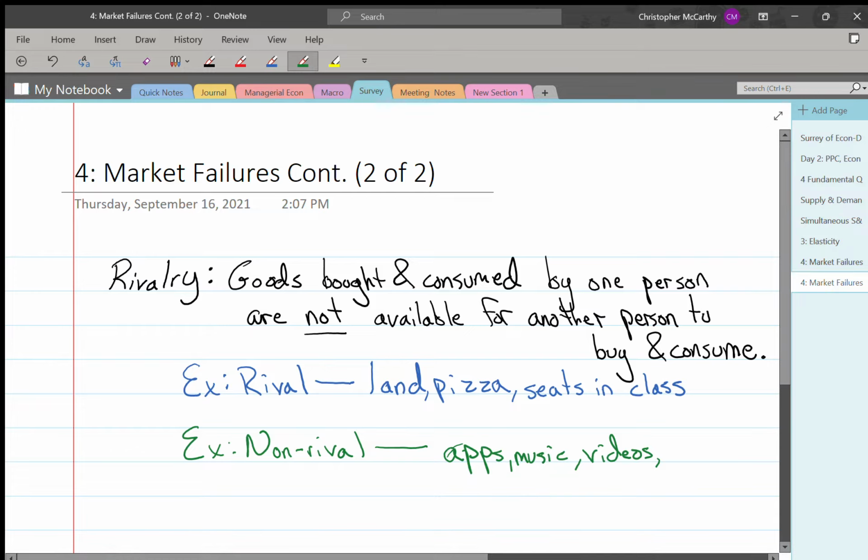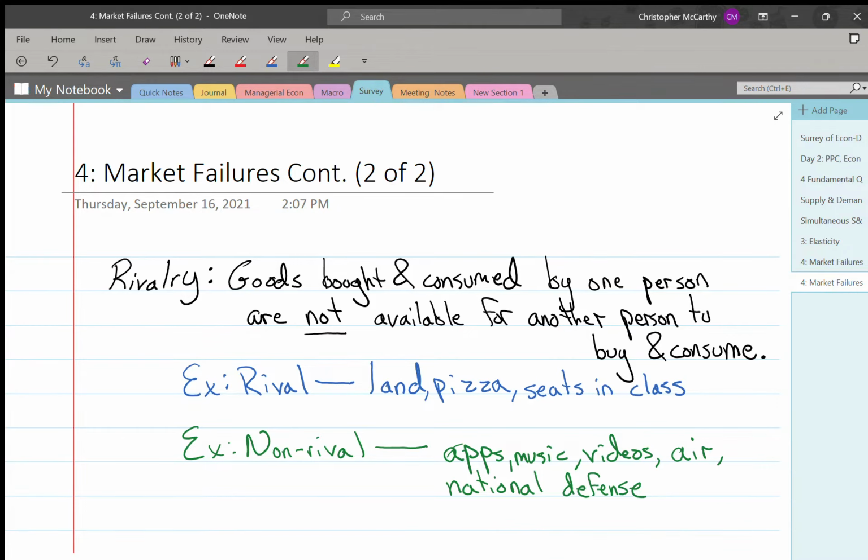The other thing that's non-rival is the air, or national defense. So it's the notion that one more person enjoying it is not going to take away from one other person enjoying it.